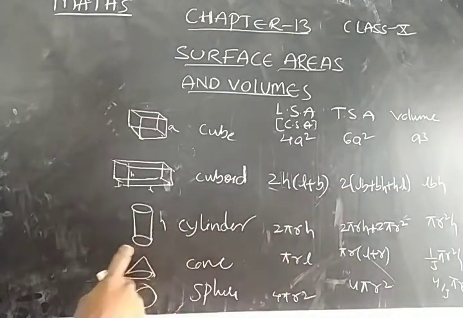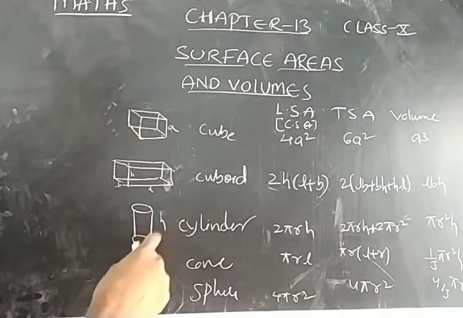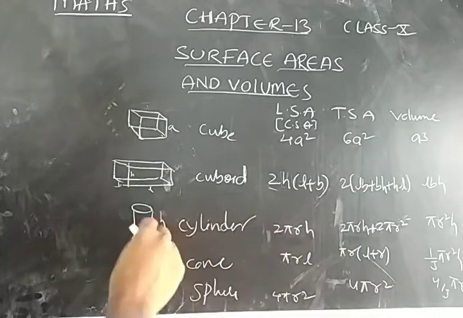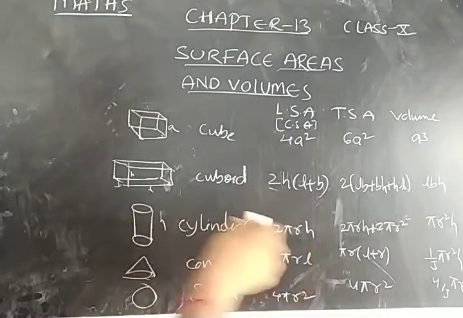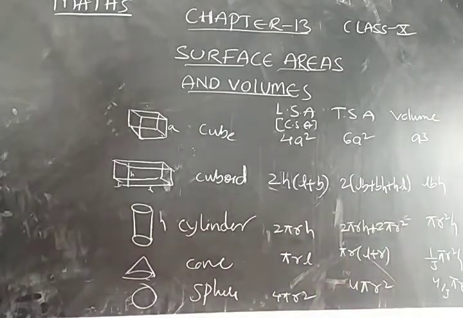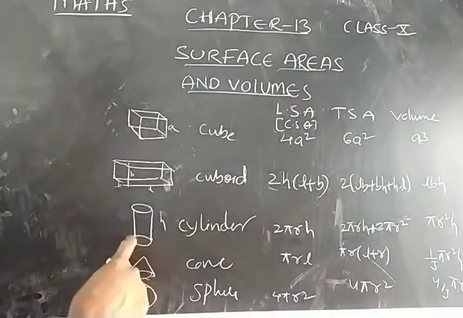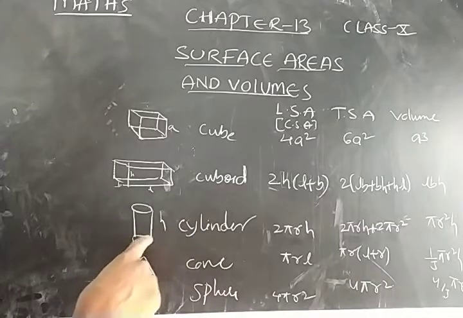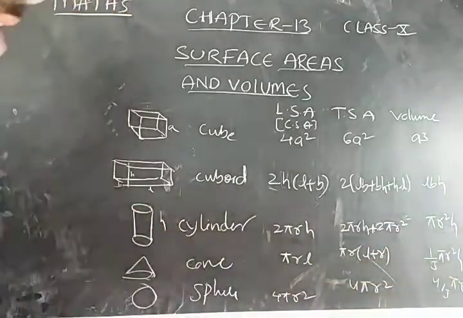TSA means adding the top area and bottom area to LSA. To get volume, base area into height. Base is a circle, pi r square into height, so you will get the volume.